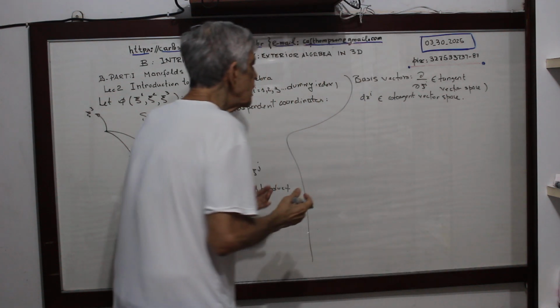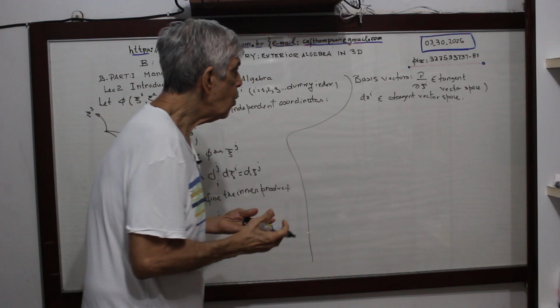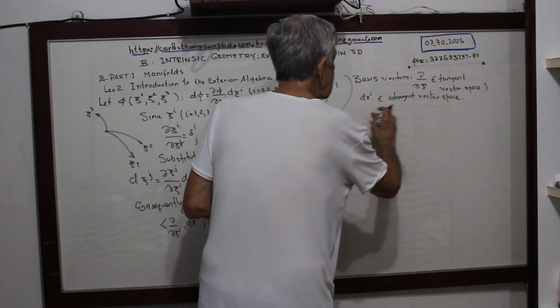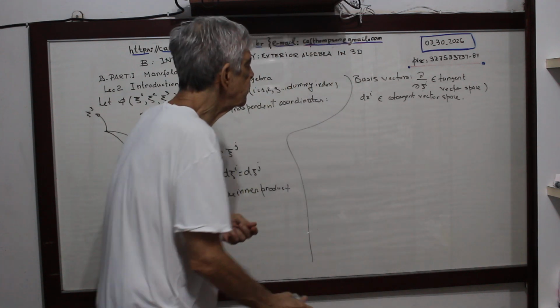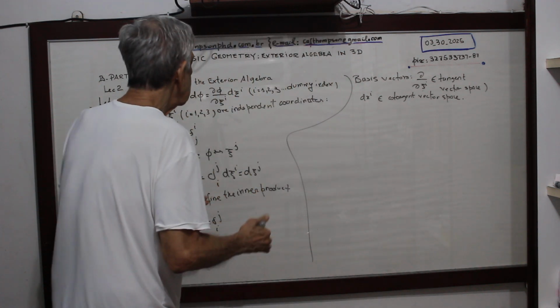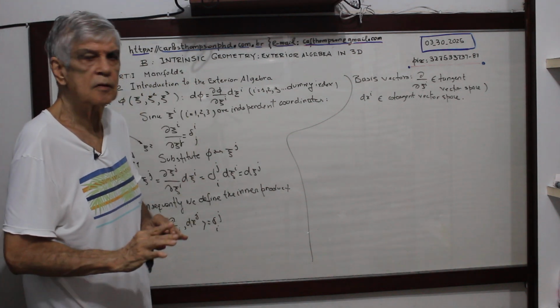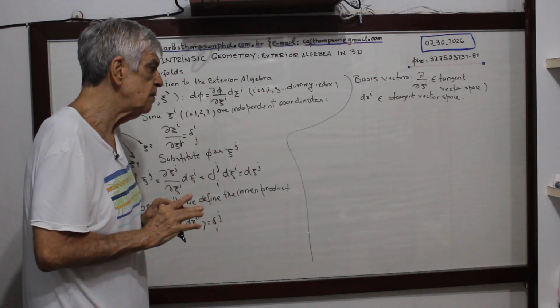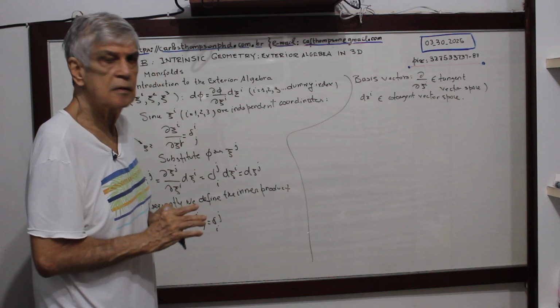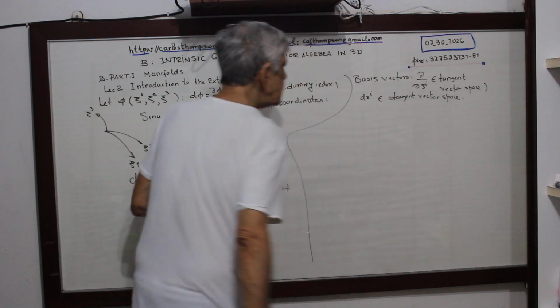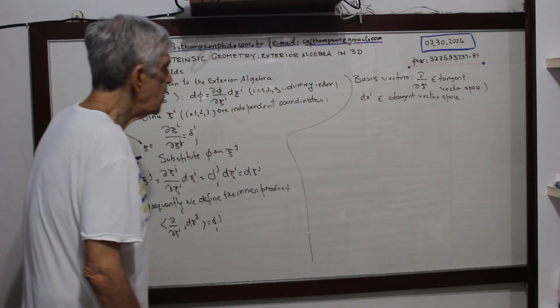Then you say, what do you mean by tangent vector space and cotangent vector space? This will be clear when we initiate the talk about manifolds. So keep this in your mind, as you will come later to this definition over here.